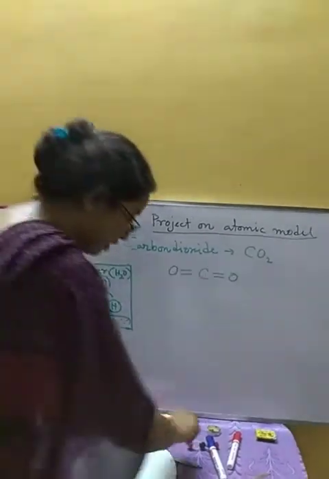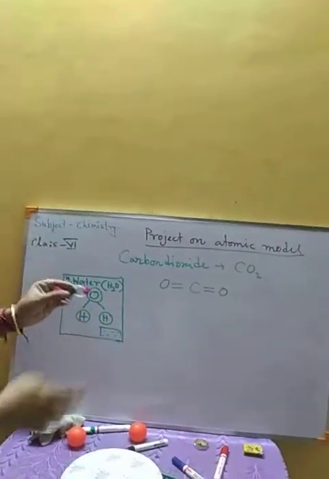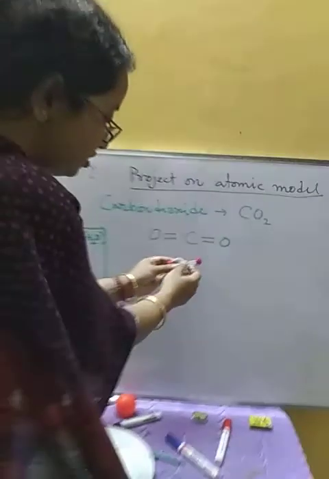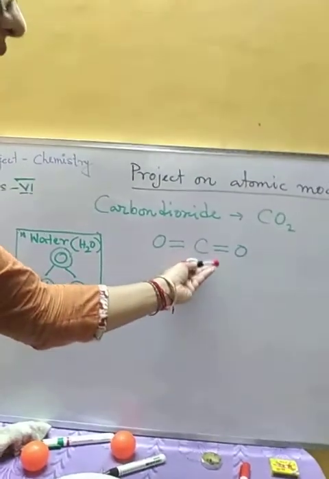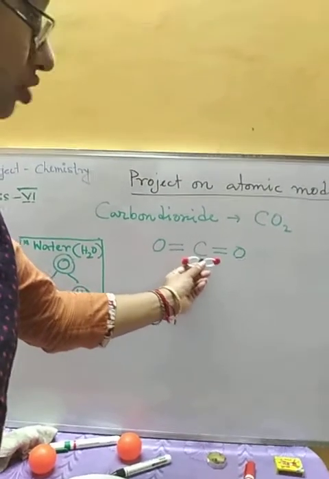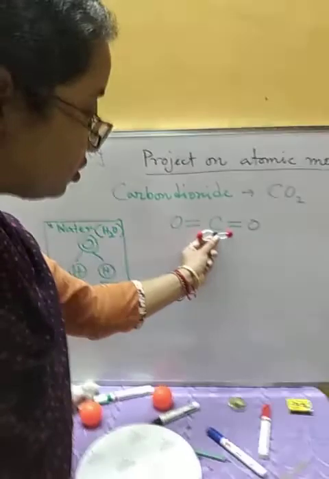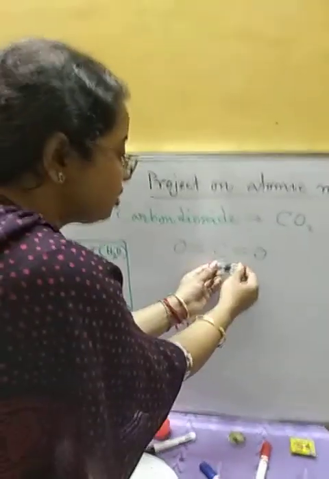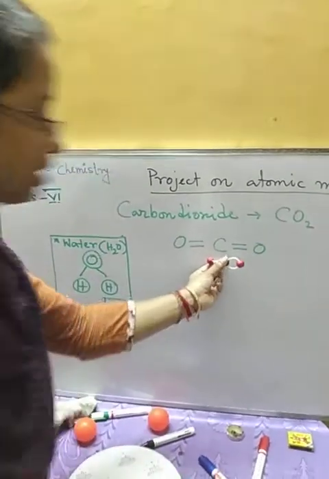I have already made a model for this. See, the center black ball is carbon. So black color we are using for carbon, and for oxygen as usual we are using the red color.